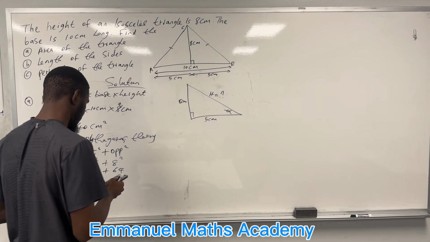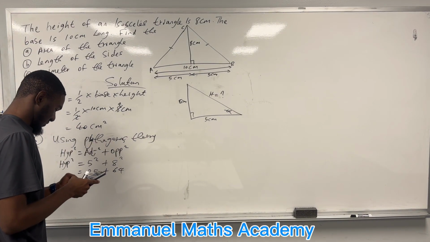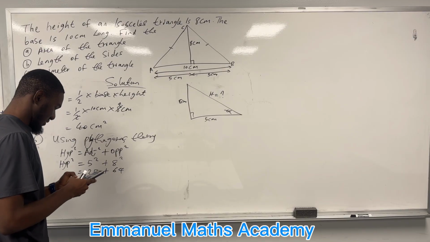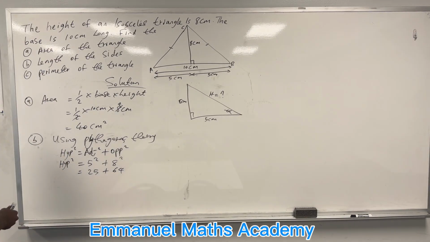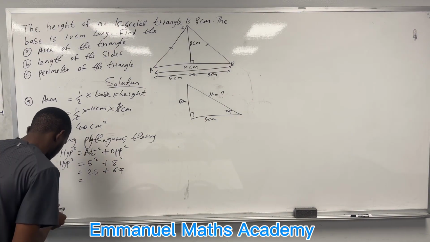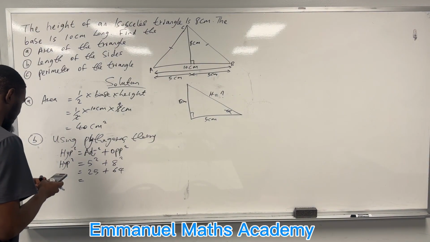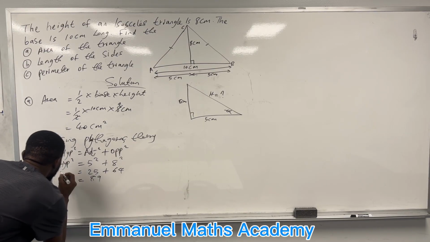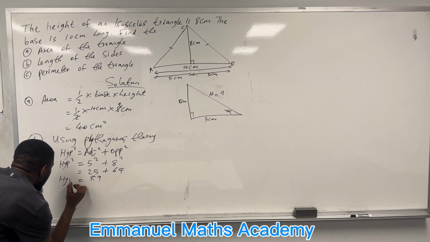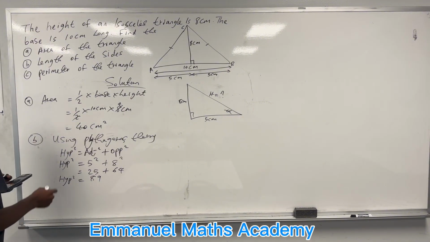Let me be sure. 8 times 8 will give you 64. Yeah. Right? So you add them together. So 64 plus 25 will give you 89. If you want to eliminate this square here, you take the square root of both sides.